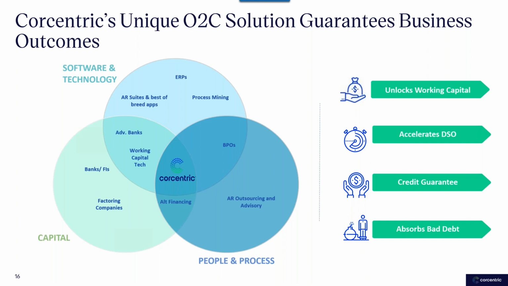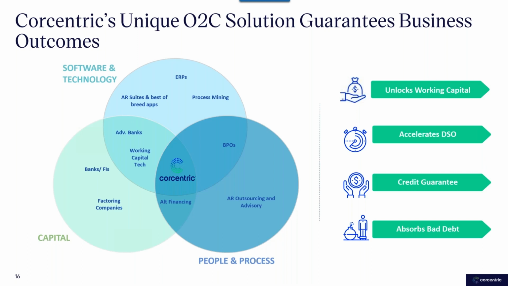So the software to enable a vastly better set of capabilities, the people process, so we offer the managed services and the advisory services that go along with it, but also the capital solution, so the willingness and the ability to get in the middle of the payment flow and pay you, the seller, before we collect from the buyer, so you can sell more. And then we insulate you from all of that noise that happens either from credit availability or from collections or dispute action. All of those things are really on Corcentric.